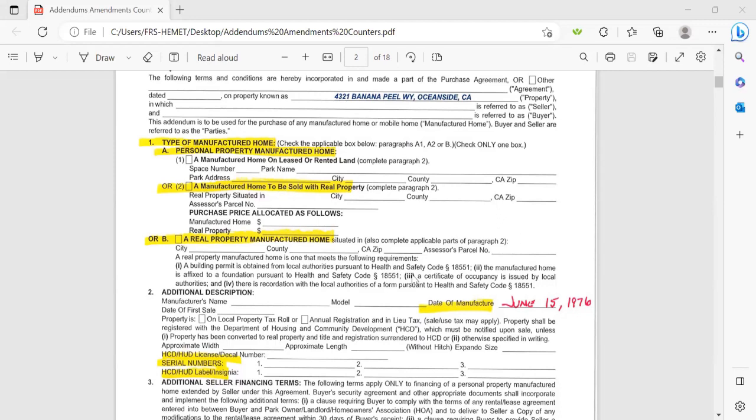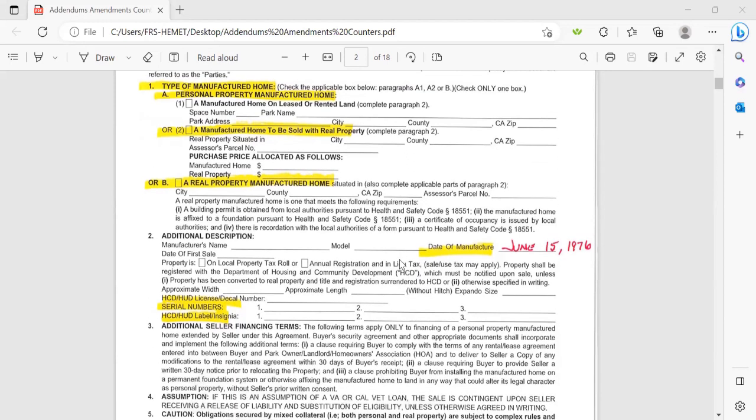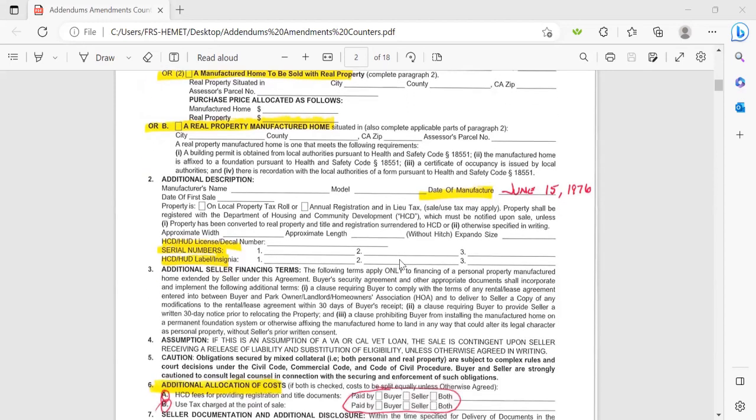So why is that important? Well, it's important for a lot of reasons. One of the biggest reasons is that once it's on a permanent foundation, it becomes financeable at regular mortgage rates instead of at manufactured home mortgage rates, which are significantly different, because when you do a manufactured home to be sold with real property, there's a value in the real property.